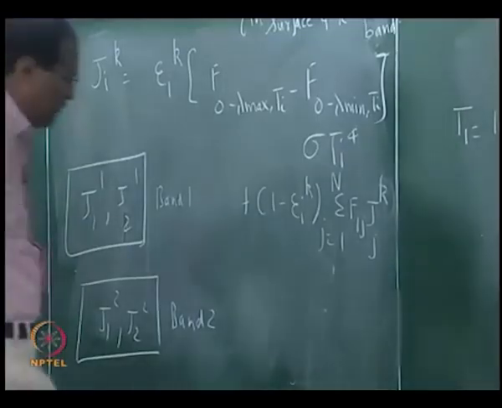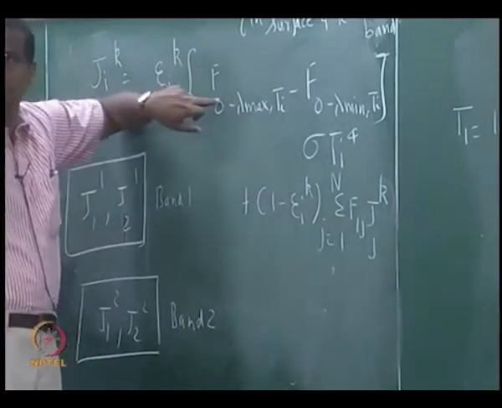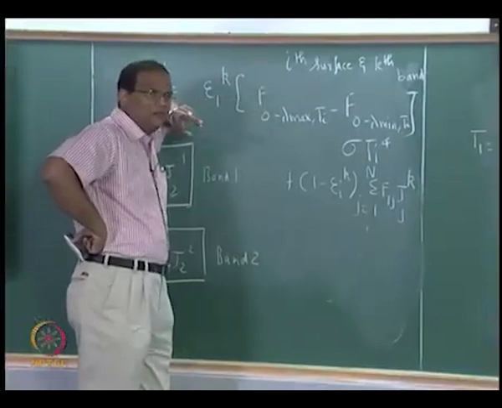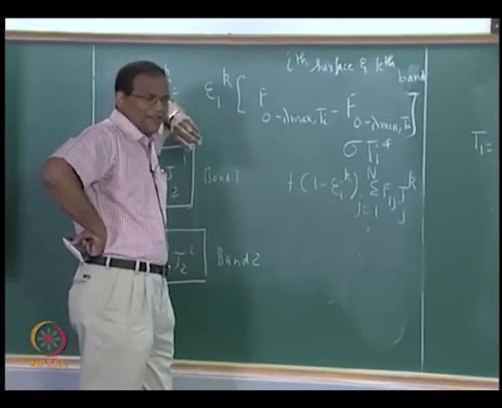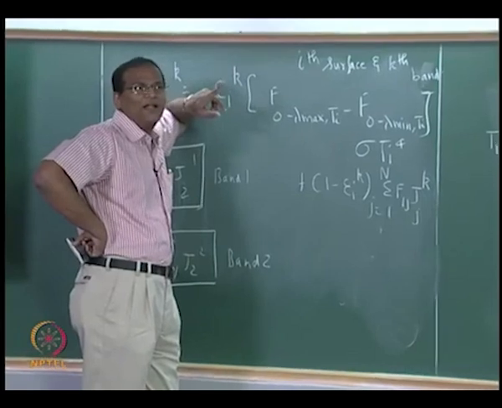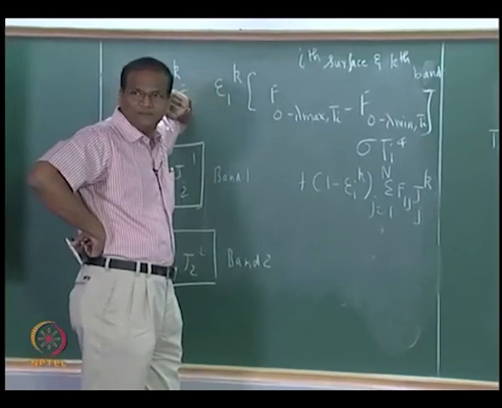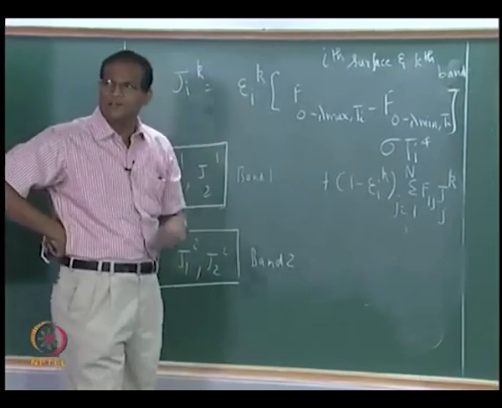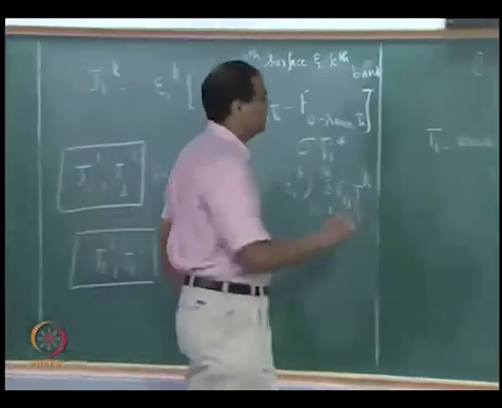Now better to use the F function chart. How many times will you use this? 4 times, very good. Why 4 times? Yeah, correct. 0 to lambda and lambda to infinity, for the surface 1 and also for the surface 2.